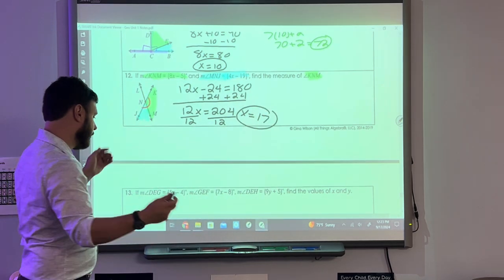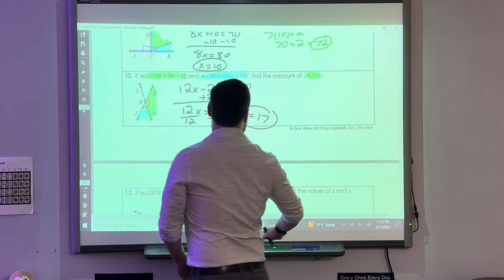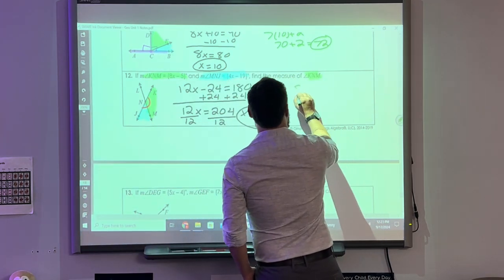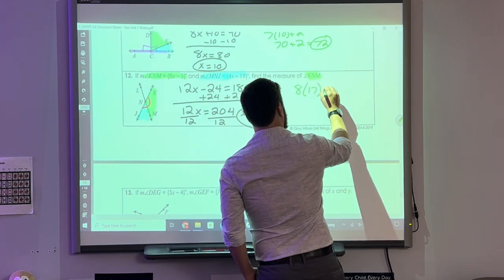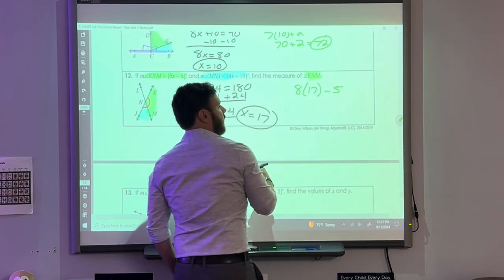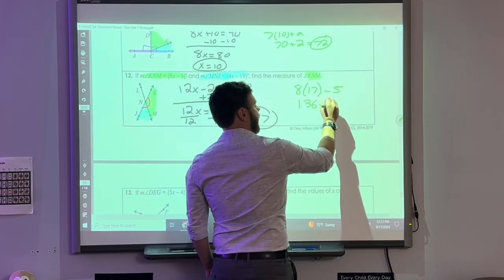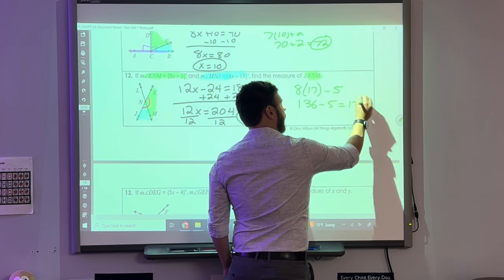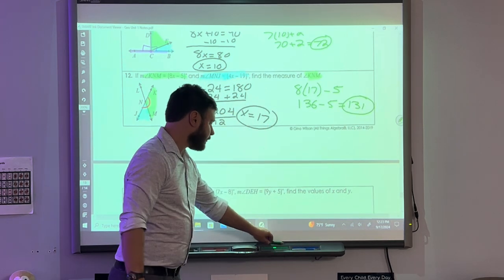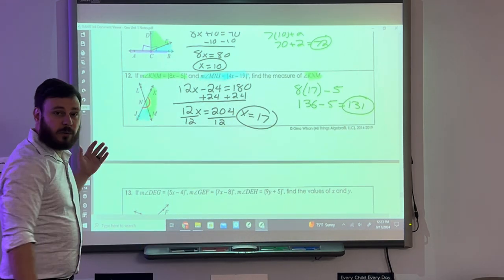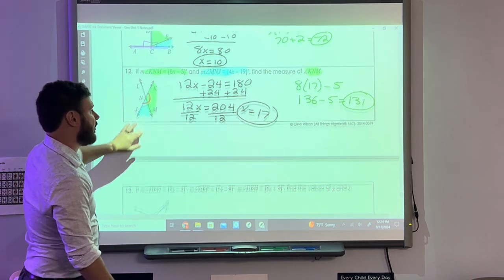Okay, again, X was important, but it's not what we need. We want to solve for the green. So 8 times 17 minus 5, that is 136 minus 5, 131. All right, we're only going to do a handful of the ones on the last page here.